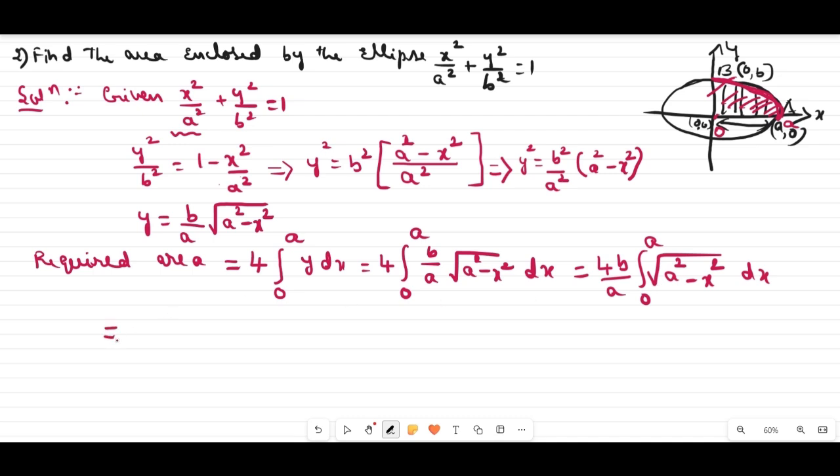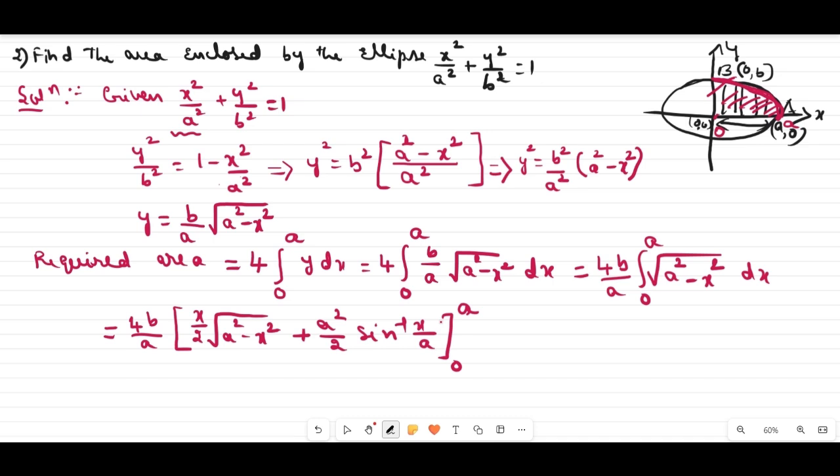What we will get: 4b by a into x by 2 into root of a square minus x square plus a square by 2 into sine inverse of x by a, limit from 0 to a. See, this is the same formula. Even for finding the area of a circle you apply the same formula, and for finding the area of the ellipse also we will apply the same formula.